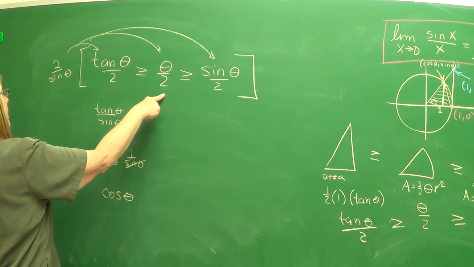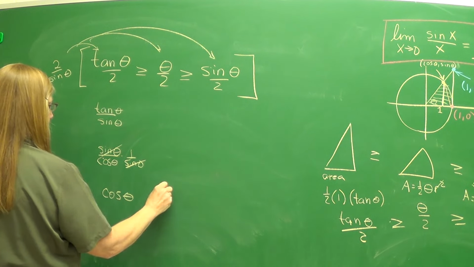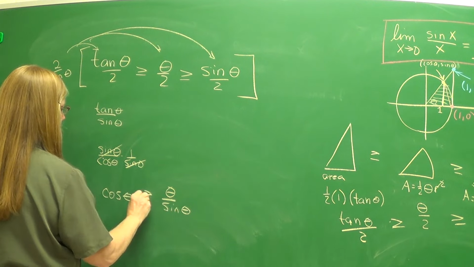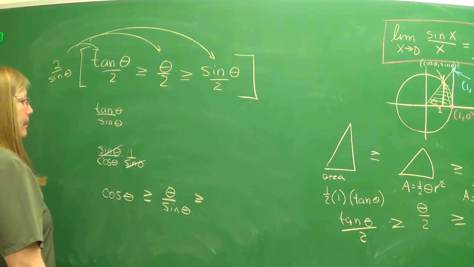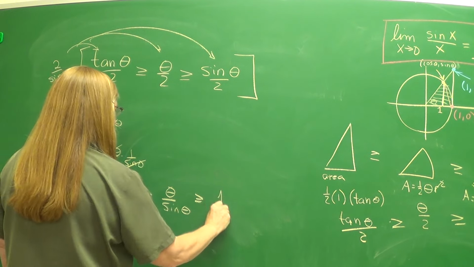When I multiply this, the 2's cancel, and I get theta over sine theta. And when I multiply this, I get a 1.